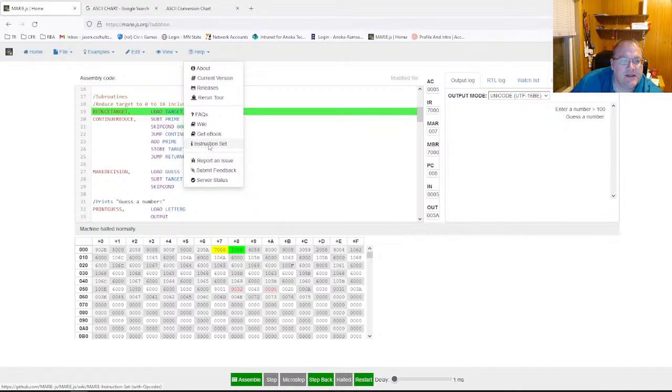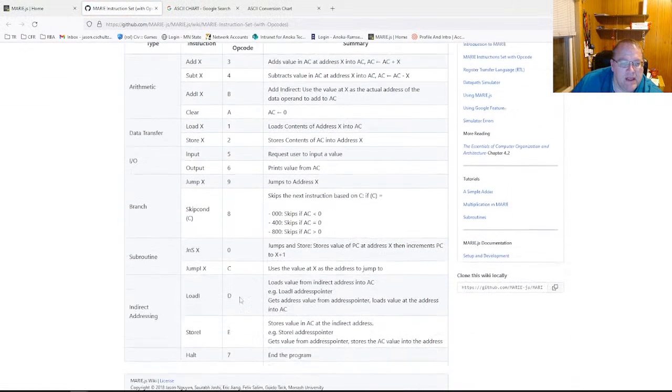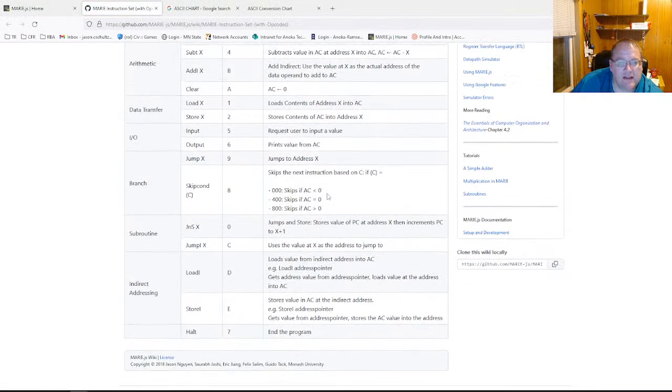We're going to do a skip condition. And let's open this instruction set up so that we say, okay, let's handle if it's less than 0. Or wait, okay. We're going to have to do some fancy jumping here.